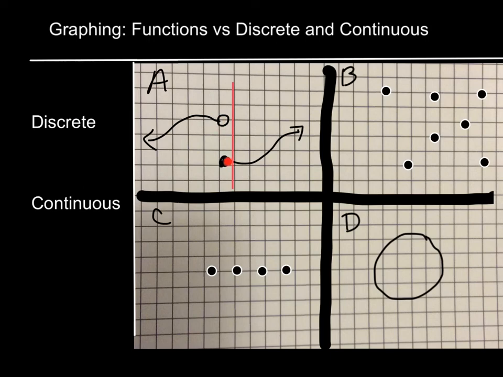This point right here is included on this line. So this is like a starting point for this line, but it doesn't include that point. This is a starting point for this line, and it does include that point. So the question we have is, is this a repeated input? Is this a function or not?